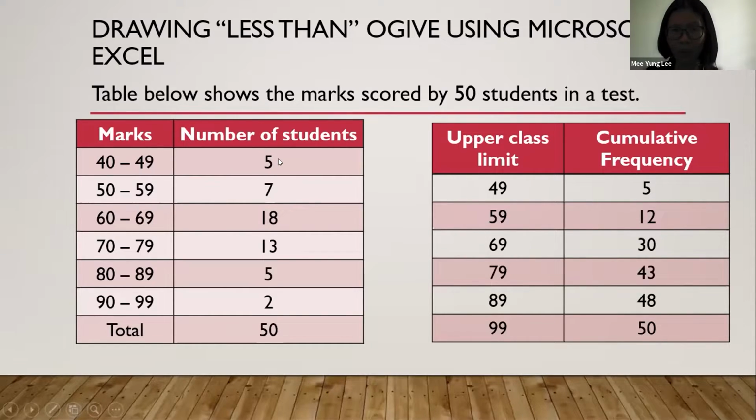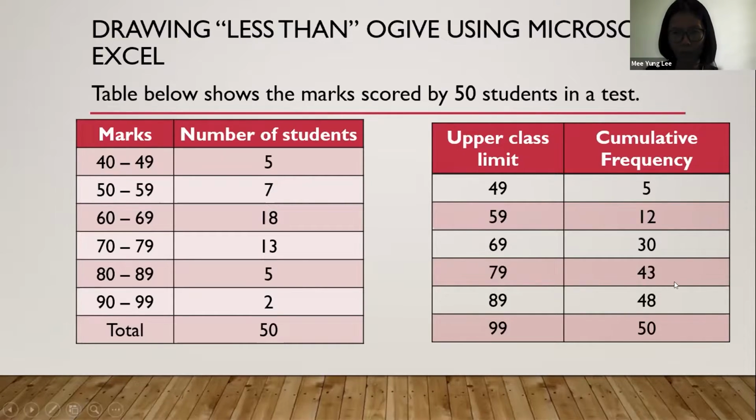So 7 plus 5, we get a cumulative frequency of 12 for the second class. Whereas for the third class, it will be 18 plus the total frequency before the third class, which is 12. 12 plus 18 gives us 30.